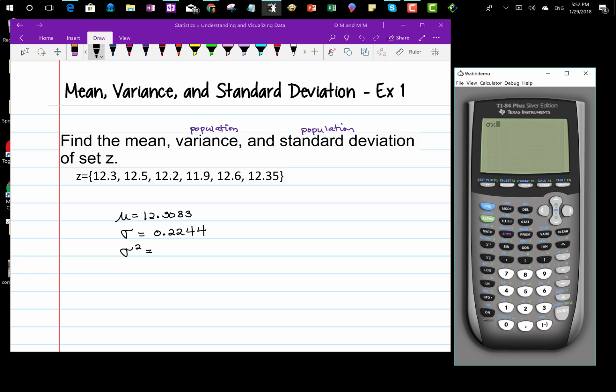Now square it and press enter, and so my population variance is 0.0503 if I round it to 4 decimal places. And that's really all there is to finding population mean, variance, and standard deviation from a list of values. Until next time.